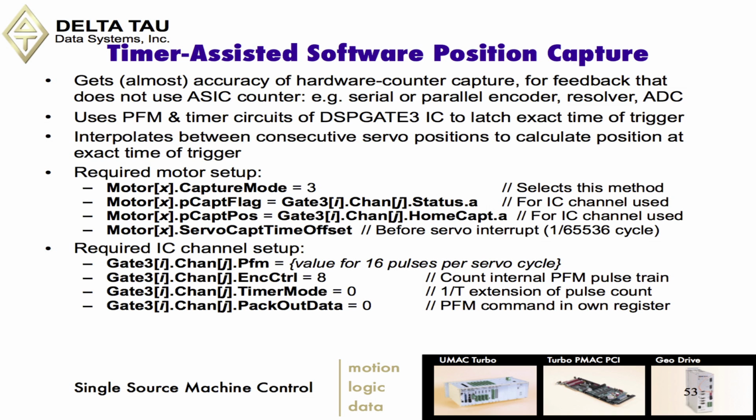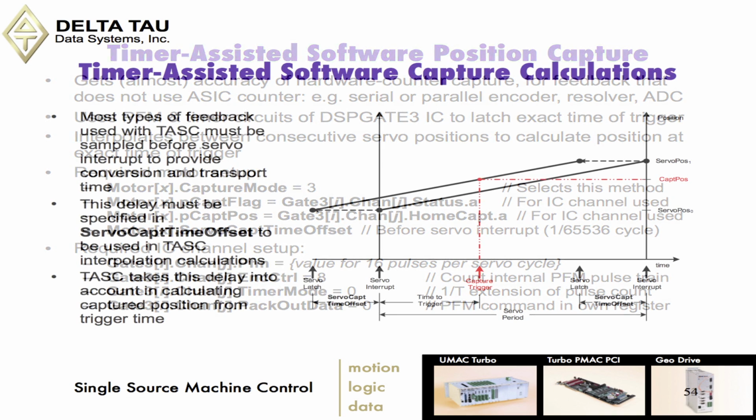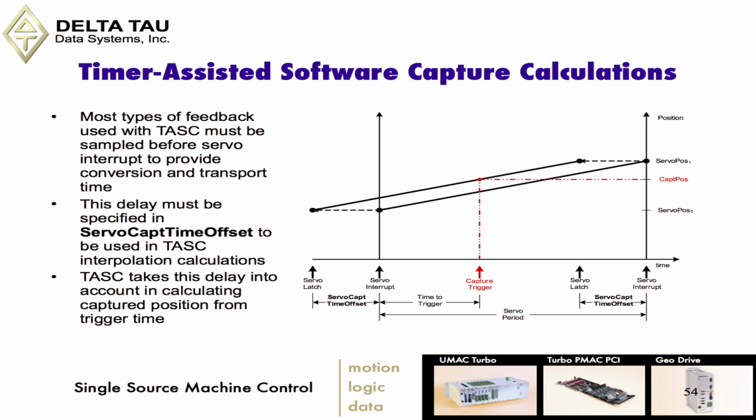Basically what it does is time the interval from the start of the servo cycle to the event of the trigger. So we can see there's the start of the servo cycle, there's the time to the trigger, and we know what that servo period was. We can make a calculation to give us a very close approximation of where we were.